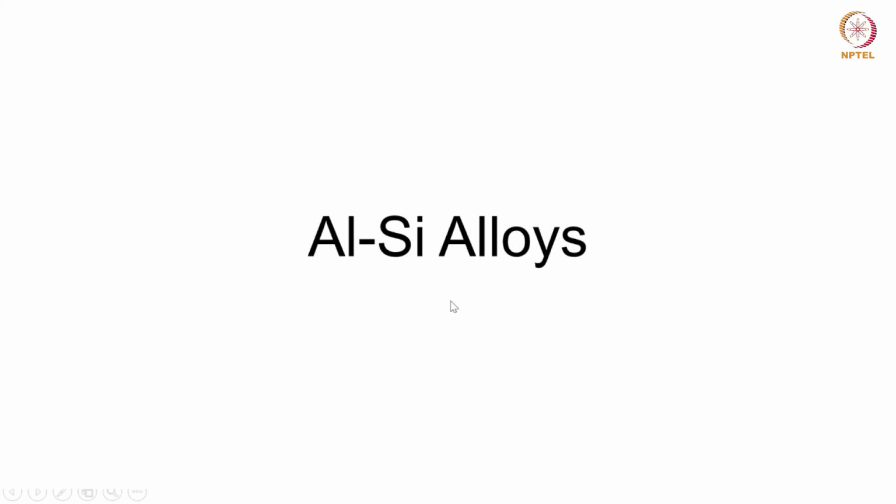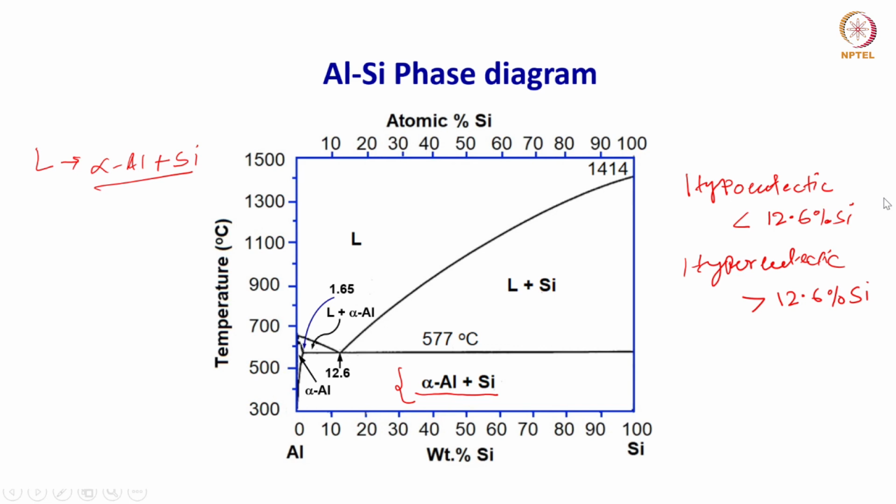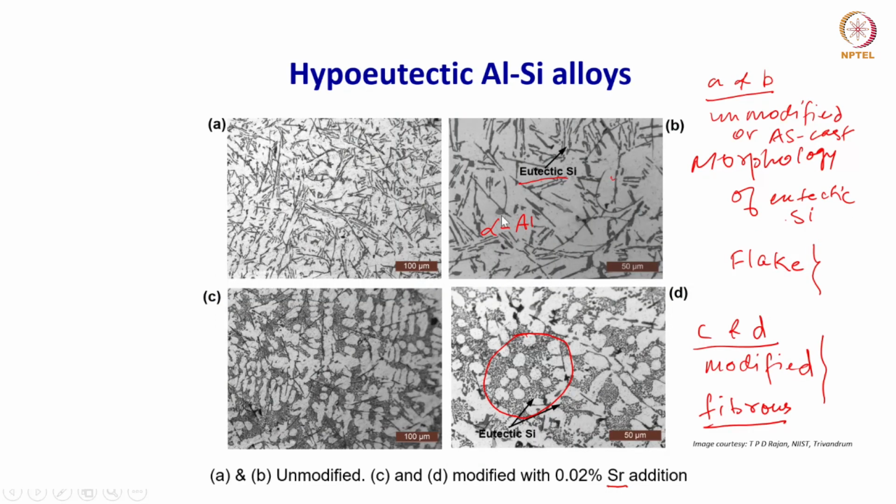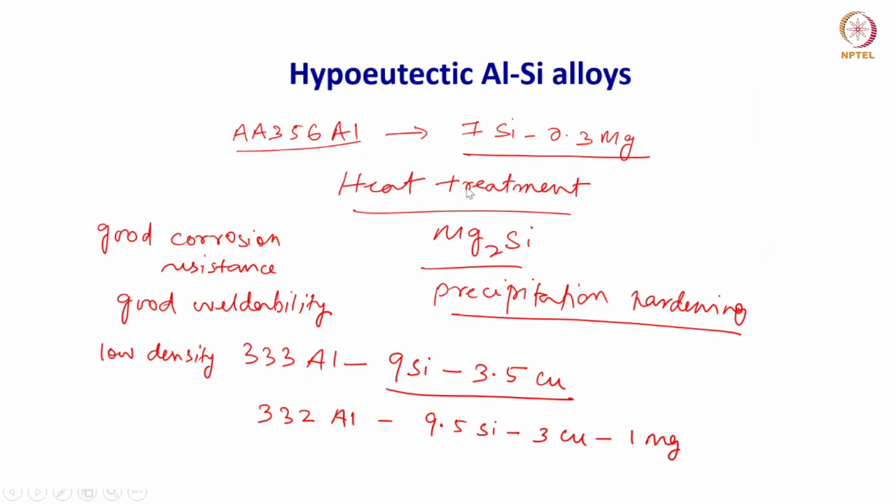Okay, so in these alloys we have talked about the aluminium silicon phase diagram, and we have seen that it is a eutectic phase diagram where you have a eutectic at 12.6% silicon and 577 degrees Celsius. Then we talked about both hypoeutectic and hypereutectic aluminium silicon alloys in terms of the microstructure and some of the examples, including their properties and so on.